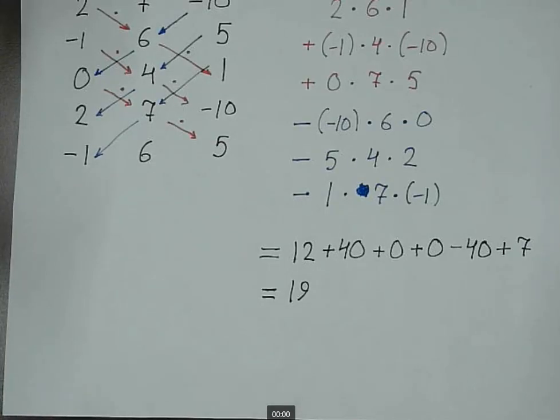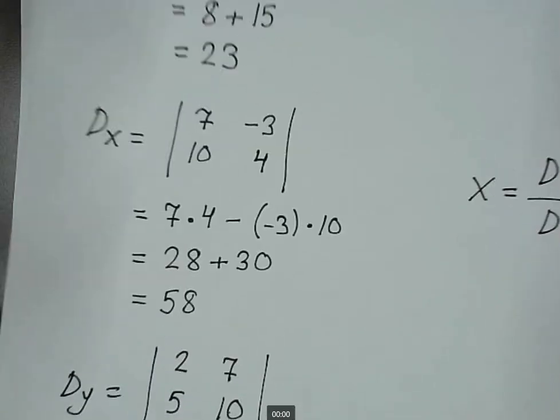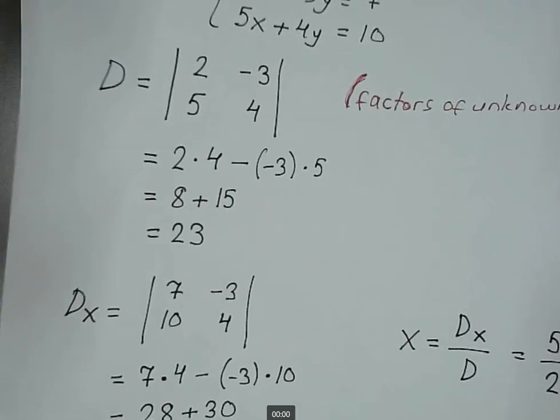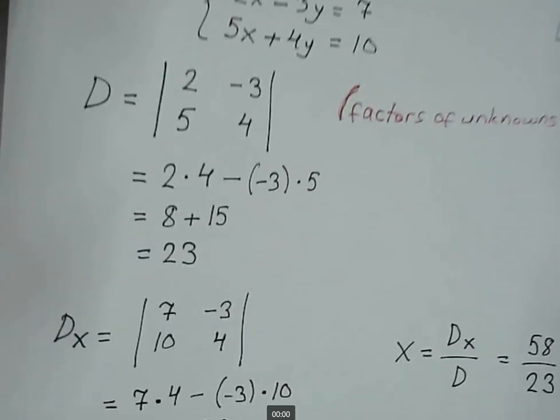And now we will do the same as we did here. We had this dx here, and how did we get this determinant there?